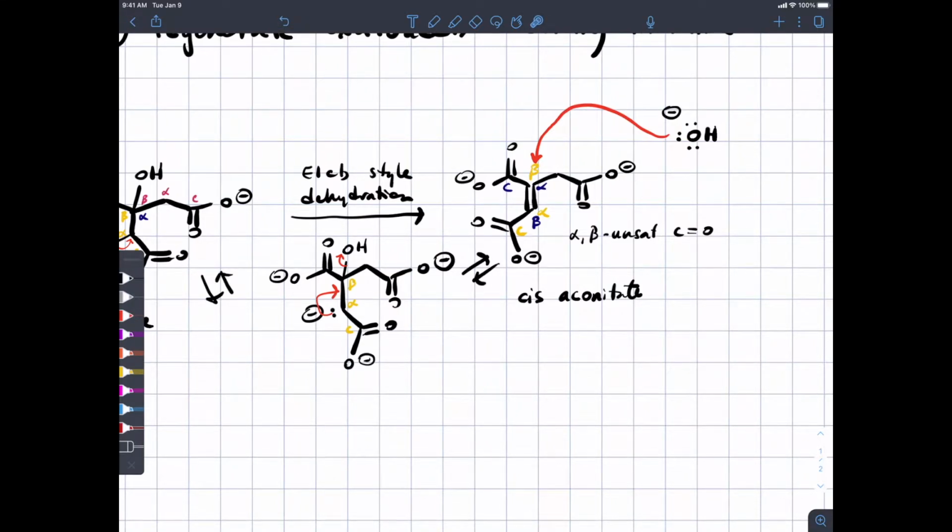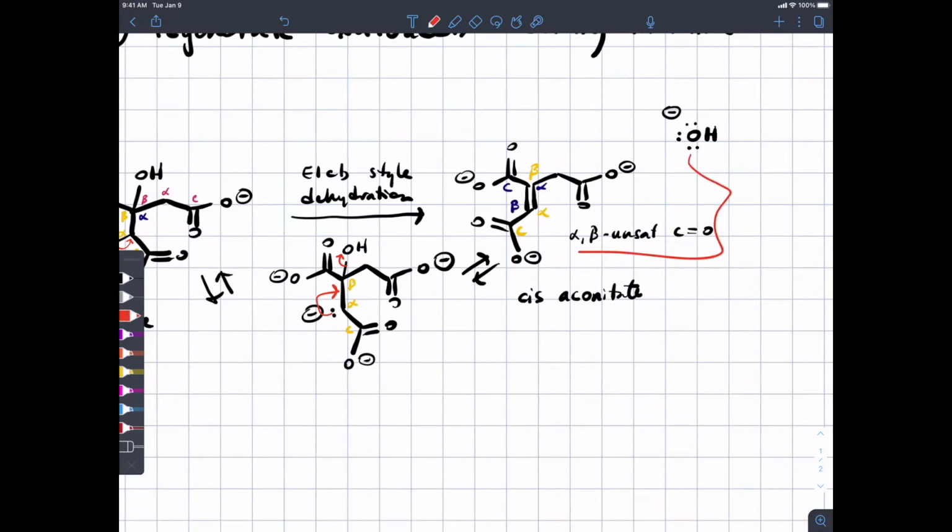Do you see how if OH minus attacked there, we would move these electrons here, and that would get us to this enolate. And that happens all the time. But what if OH minus attacks the blue beta carbon? Let's show what happens there.